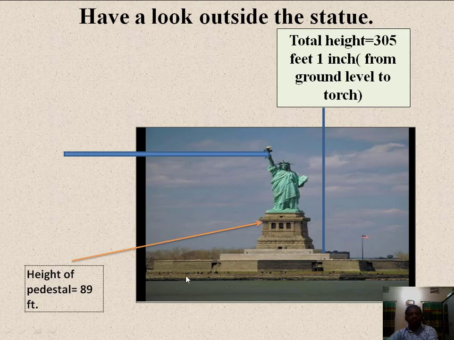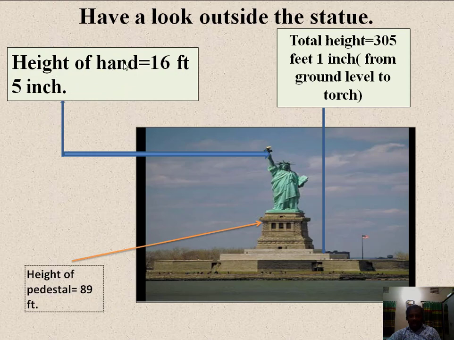And then the height of the hand is 16 feet 5 inches, the height of the hand only. Then the height of the pedestal is 89 feet. This is the pedestal. It is 89 feet.